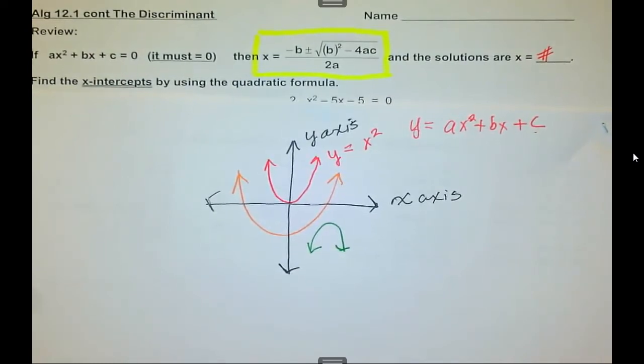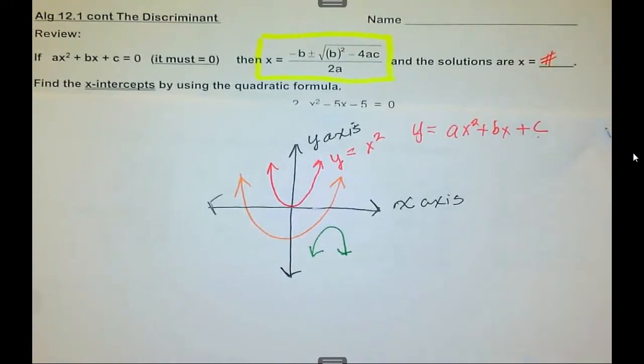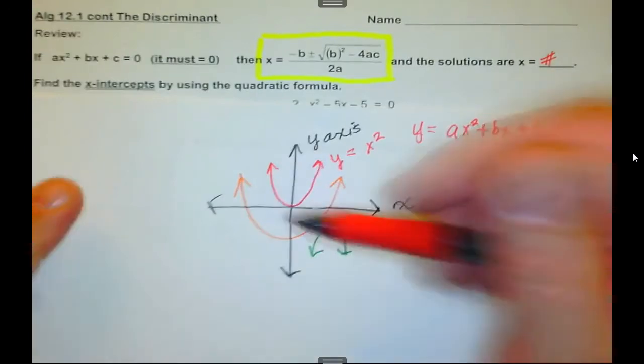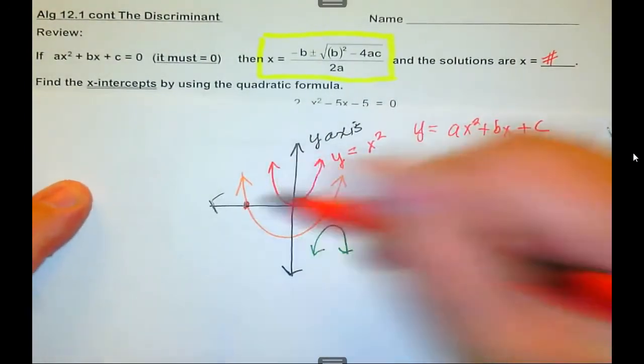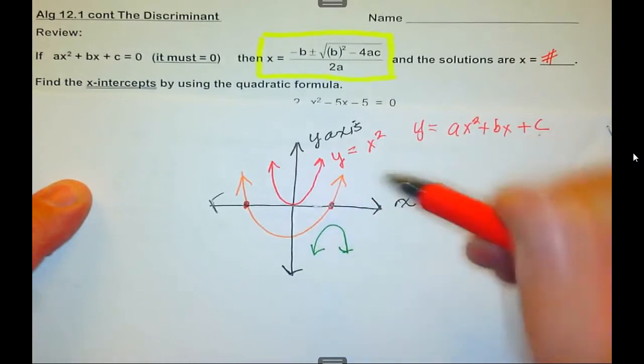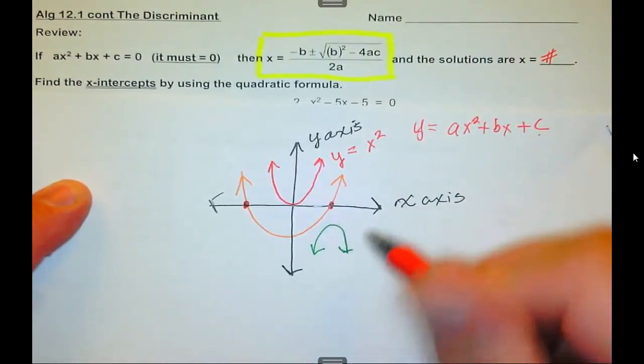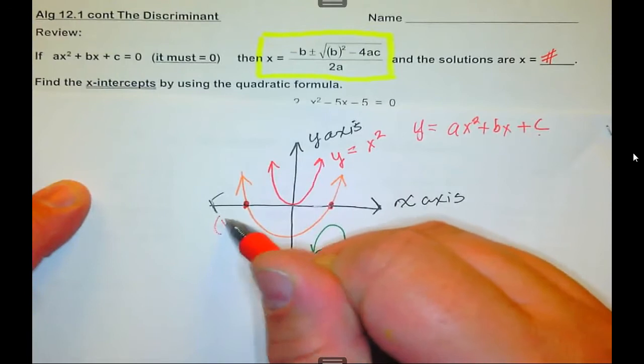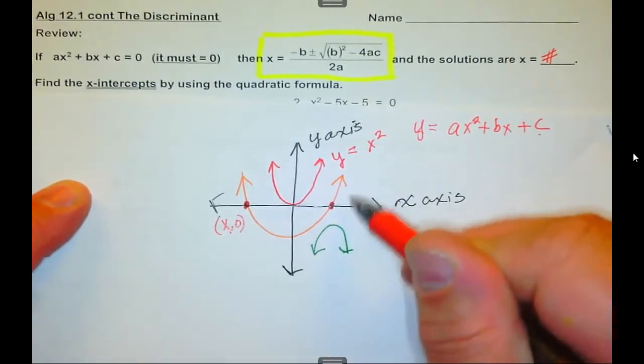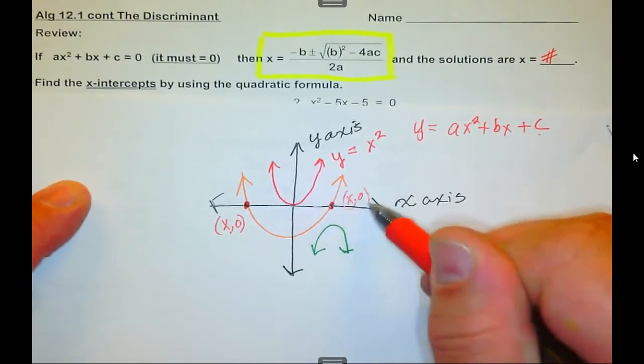I'm still wondering, what's this x equals thing? Not the y-axis, the x-axis, right? These points here. Because x equals a number, but my y is going to equal 0. So I have x comma 0, x comma 0.